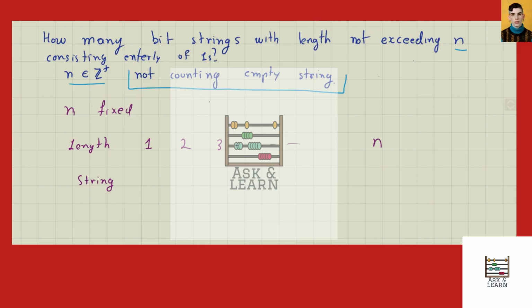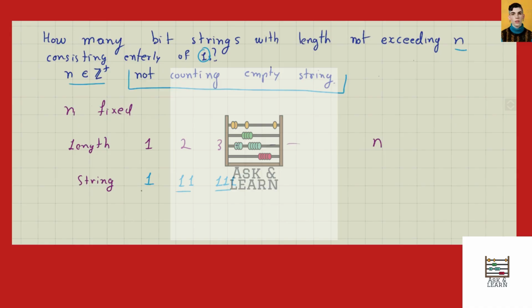The fact that these strings consist entirely of ones makes things easier, because for each of these lengths we have only one bit string. For length 1 we have 1, for length 2 we have 11, for length 3 we have 111.